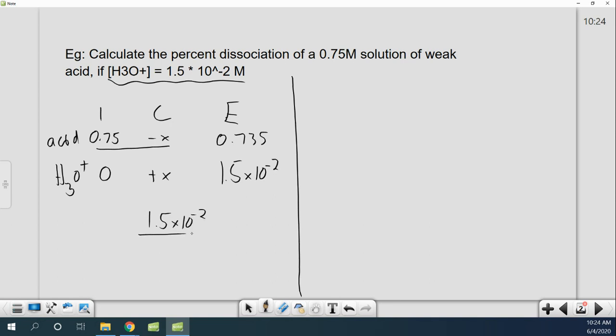It's your hydronium divided by your initial. Got to be careful with that one, because it's not products over reactants for the first time. Oh, it is products over reactants. Never mind. It's early. So it's still kind of products over reactants-ish. And then, of course, you times it by 100 to turn it into a percent. So this is 2.04% dissociated.